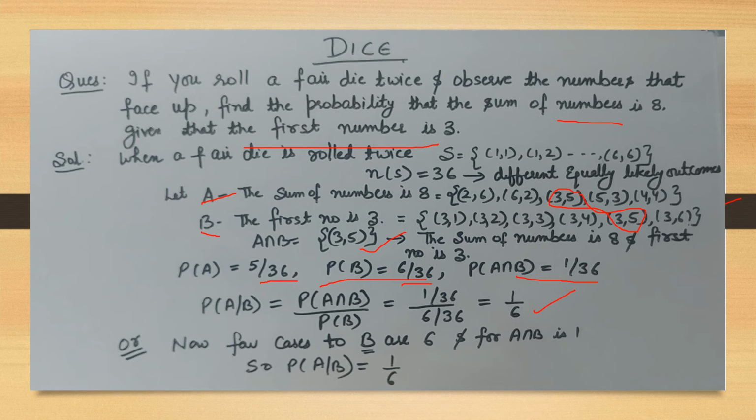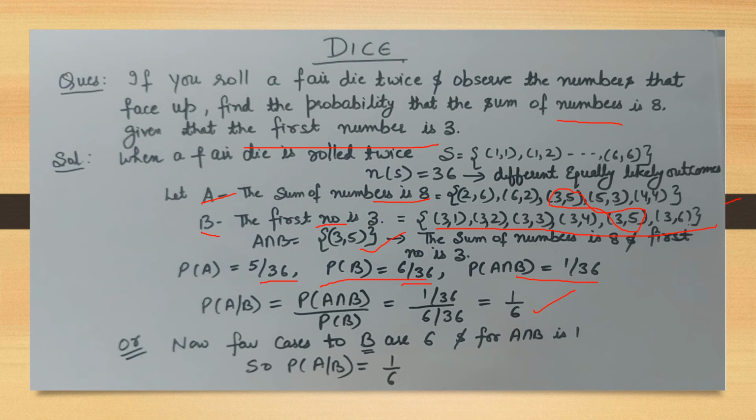Since the event that has already happened is that the first number is 3, instead of these 36 cases, my sample space is now restricted only to these 6 cases. Why? Because I have to find the probability of getting a sum of 8 in connection with the first number being 3. So my total possible cases are now not 36; they are conditioned or restricted to these 6 cases.